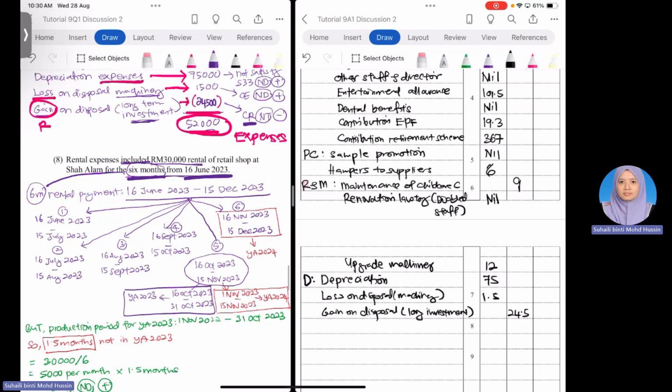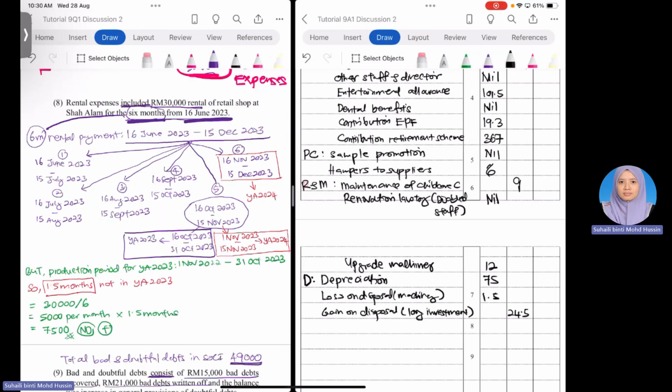Okay, how do we know the amount? You paid the rental 30,000 ringgit for 6 months, so 1 month you paid 5,000 ringgit. We already know 1.5 months is not for the year of assessment 2023. So we multiply 1.5 months, and we know that 7,500 ringgit is not the rental for 2023. So we have to add back the amount.